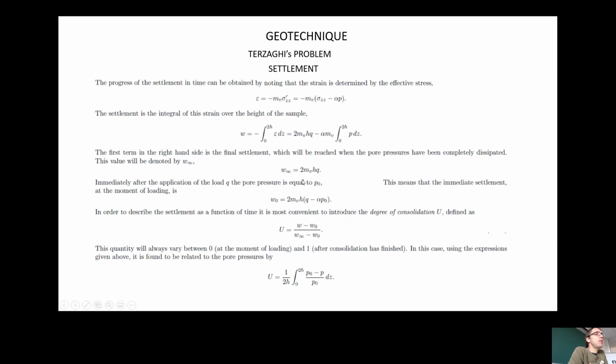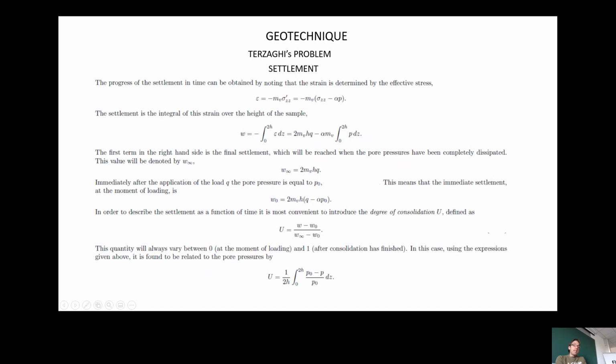So again, it is constant, and so this part can be called alpha m_v 2H P0. So introducing this constant inside the total calculation, we can have W0 equal this.